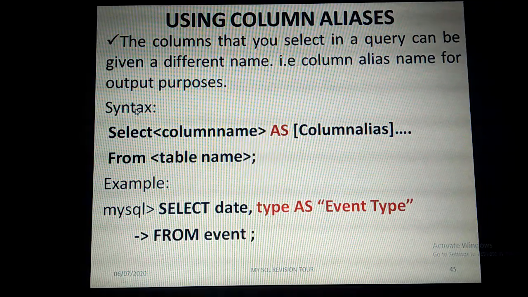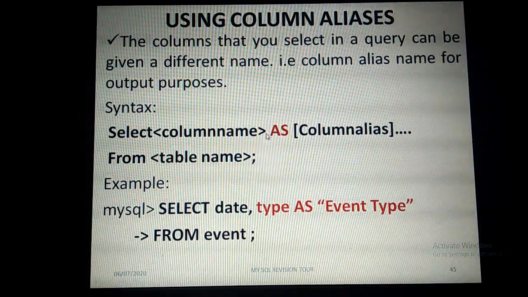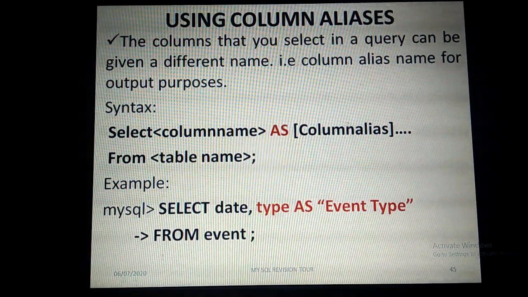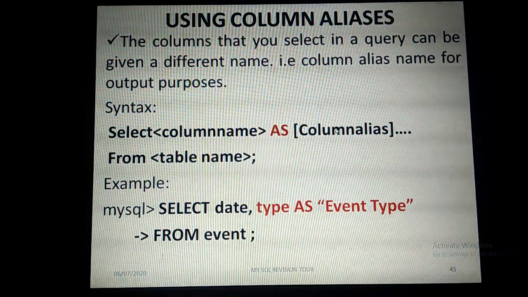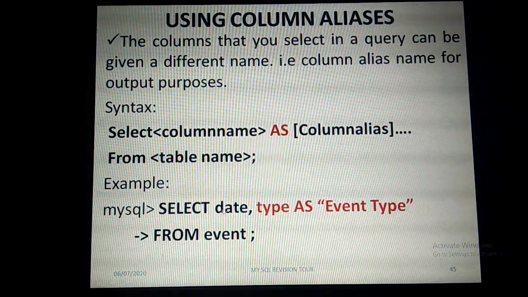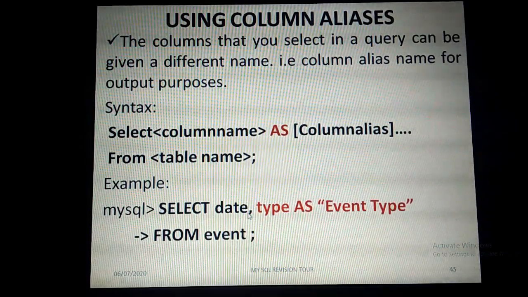The syntax is select, which column we want to select, that column name, as the alias name we need to give, which name we want to view in the output table, so that name we need to give here, and from which table, and at the end semicolon. Example: select date and type.